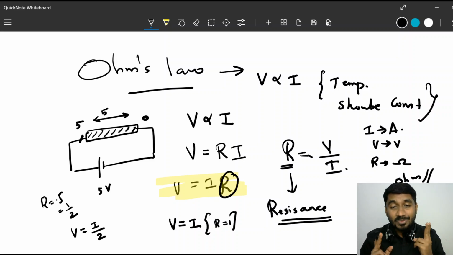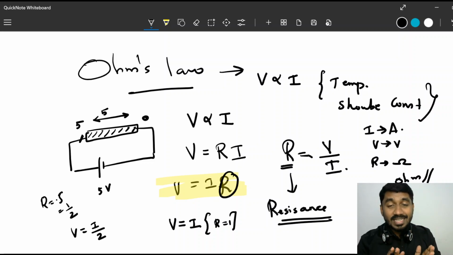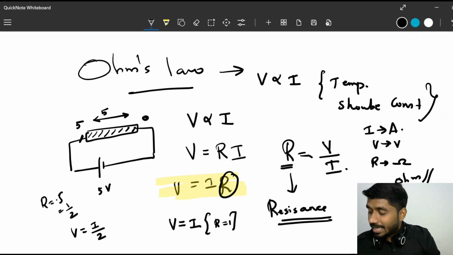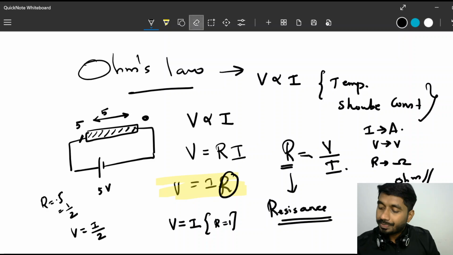So we can write the unit of resistance is ohm. This is the second topic in the chapter. What is Ohm's law? What is the equation? How to get the equation of resistance, and what is resistance? Clear, everyone? So now let's try to write an equation here. Okay, you can take a screenshot right now.